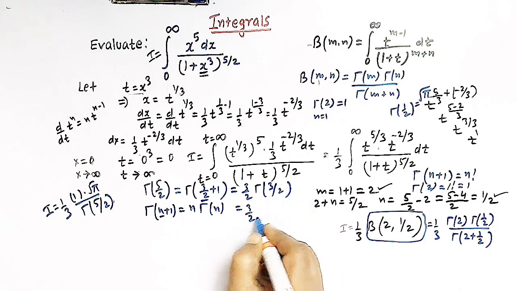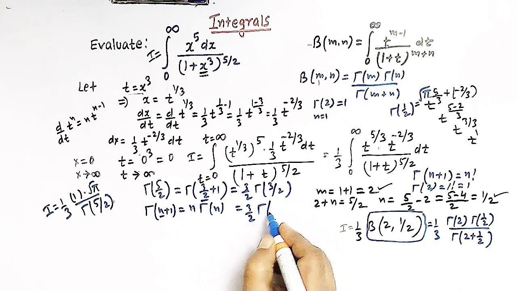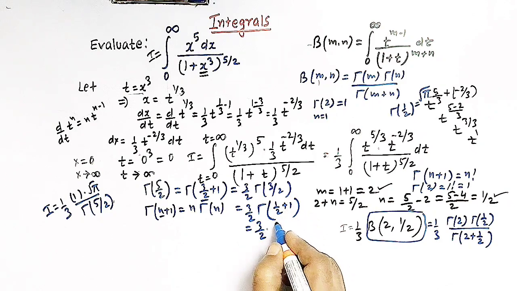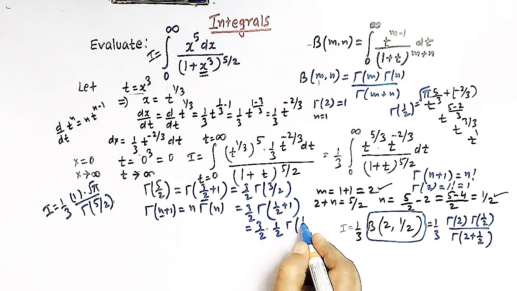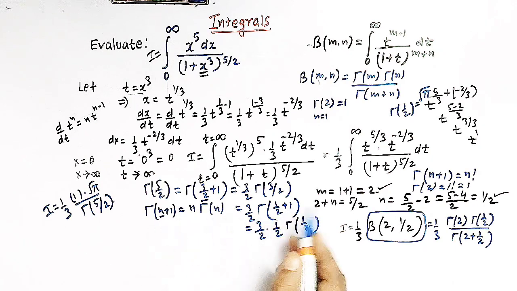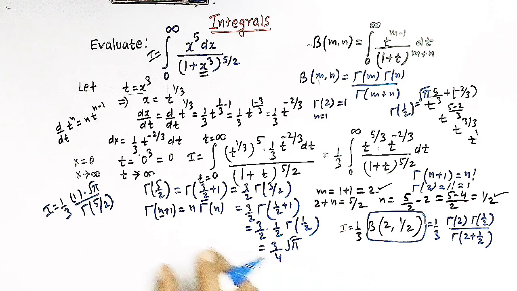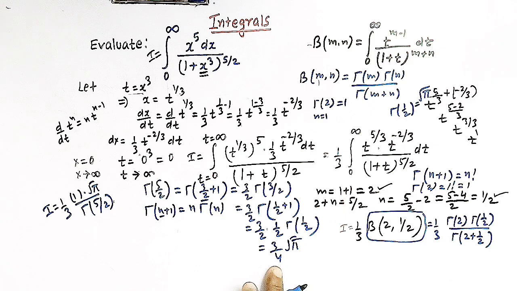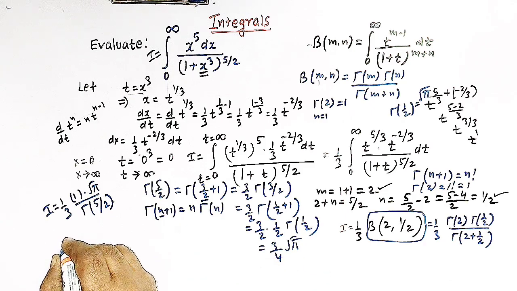Further we can split 3 by 2 as half plus 1. So now we have 3 by 2 times half times gamma half, again applying this result to this expression. So now we have 3 over 4, and gamma half is square root of pi.